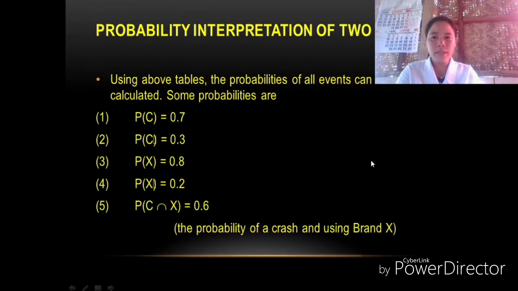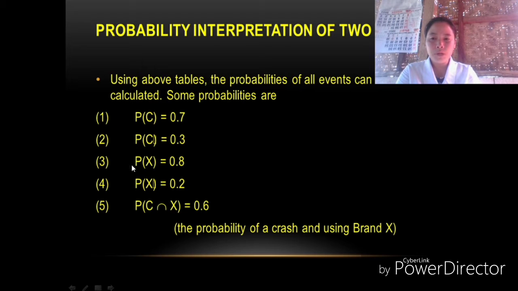Then ang ikatulong example sa probability interpretation of two sets using above tables, the probabilities of all events can be calculated. Some probabilities are: number 1 is P of C equals 0.7. Number 2 is P of not C equals 0.3.